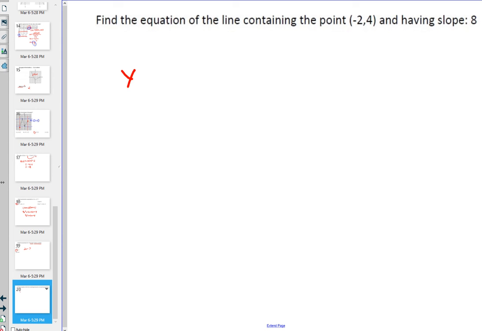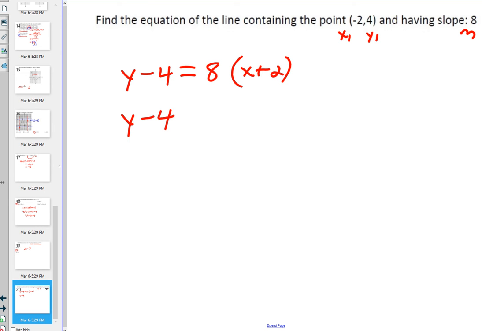Remember this is x1, y1, and this is m. So it would be y minus 4 equal to 8, and then x plus 2. If they want you to end up in point slope, you just stop there. But I believe this one had you go all the way to slope intercept. So what would I do next? Distribute: y minus 4 is equal to 8x plus 16, plus 4 on both sides.